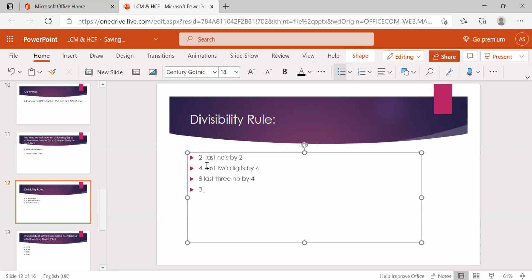What about 3? For 3 it is the sum of digits.